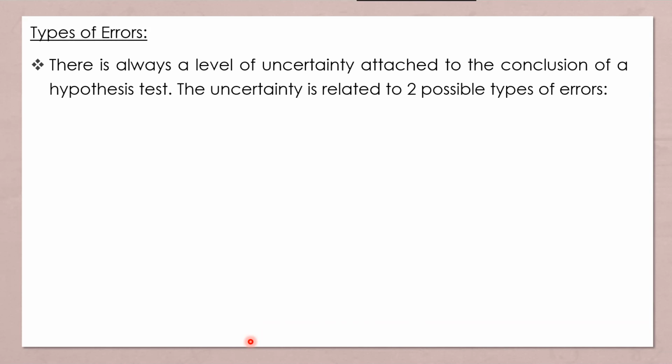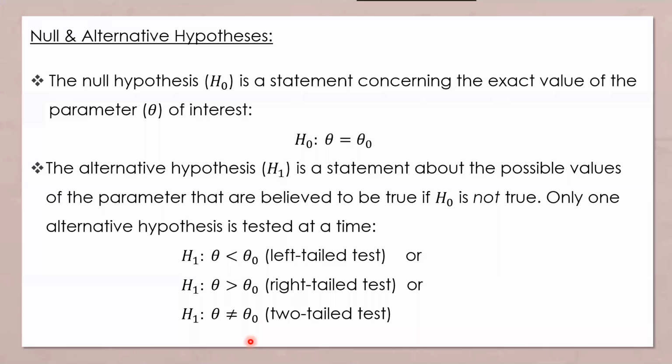So we know that there is always some sort of level. Sorry, ma'am, I have a question here. I want to know, is it true that the null hypothesis and the alternative will be mathematically opposite to each other in terms of the signs? No. Remember, for a null hypothesis, you have these three different alternatives.